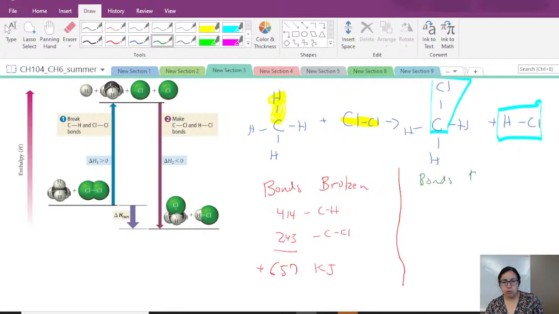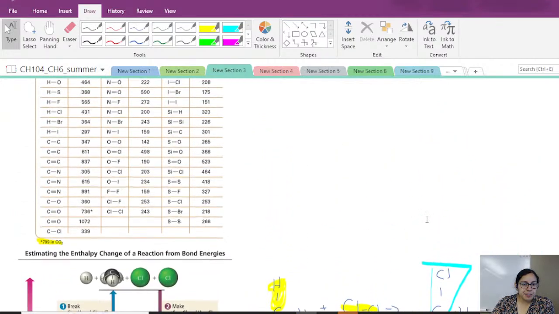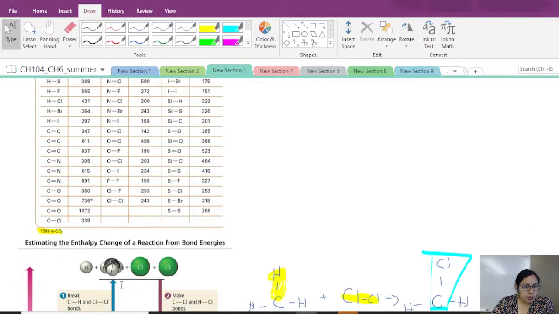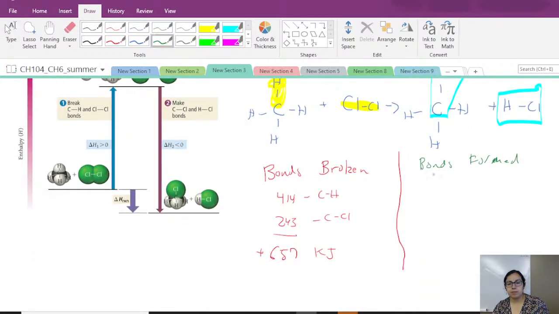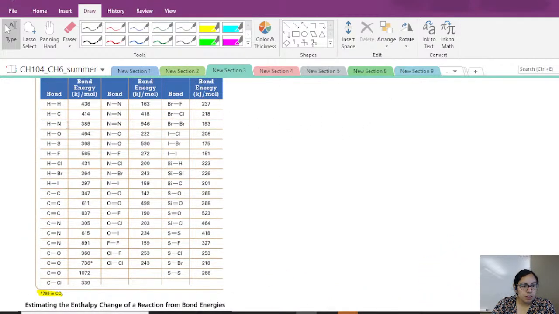So bonds formed. First I'm going to add them and then put a negative sign on all our bonds formed. So we look up carbon-chlorine, so 339. Then we need to look up hydrogen-chlorine, so 431.